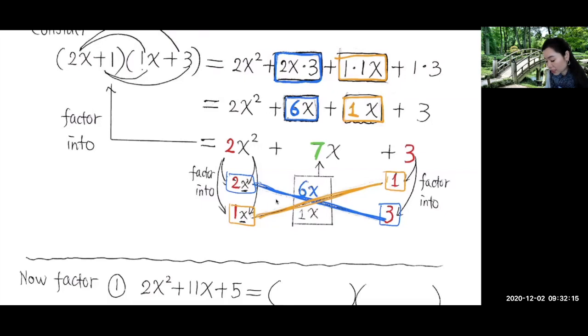And this 1 times 1x was this 1x that you got over here. And they sum up to this 7x over here.